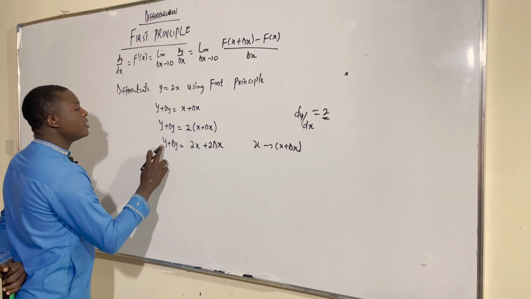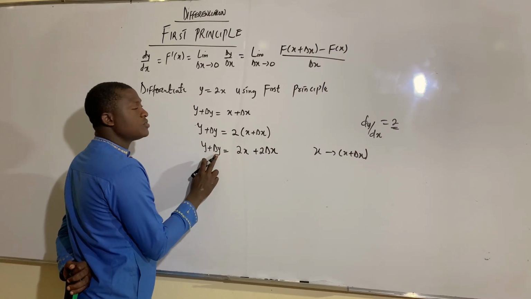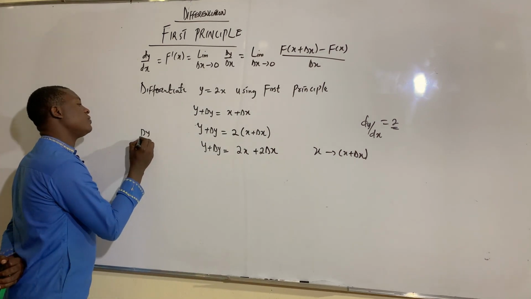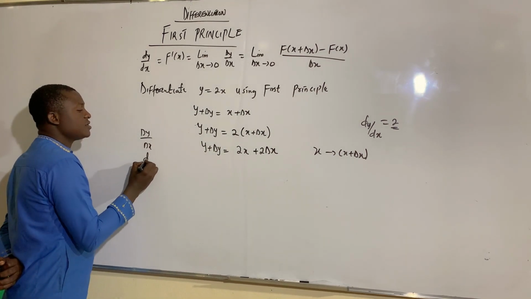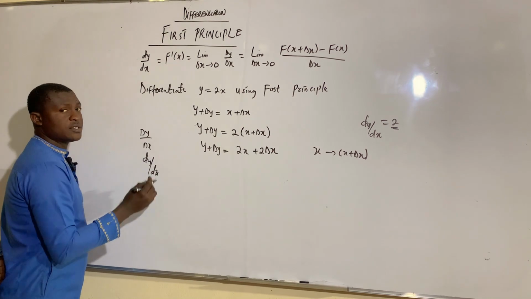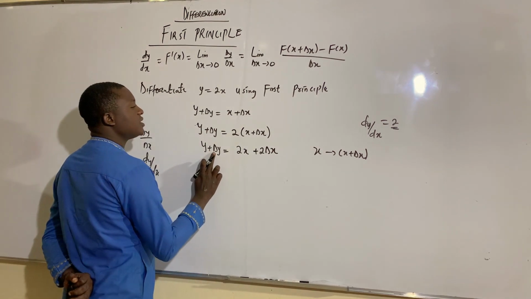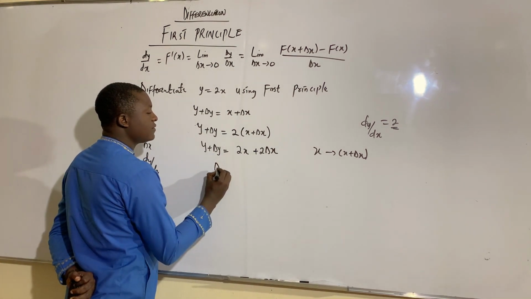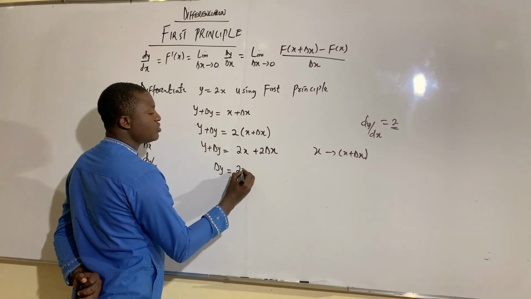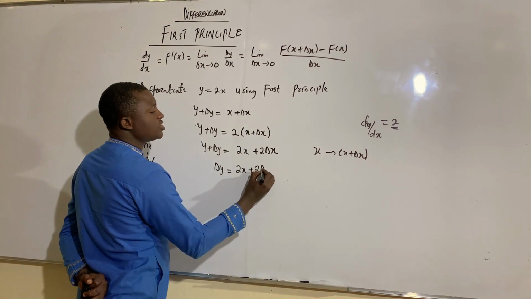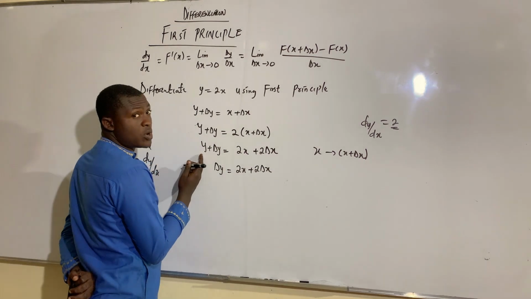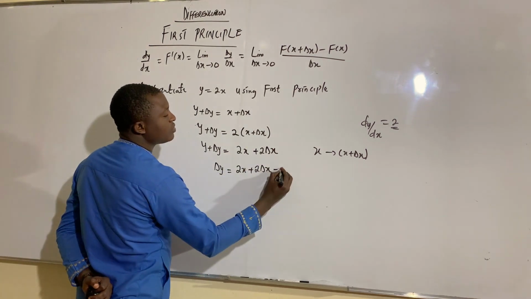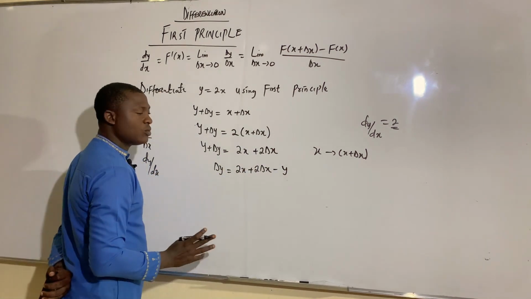The next step, I want to make changing y the subject, because changing y over changing x is still the same thing as dy/dx, right? Yeah, fine. So if I collect the like terms, we have changing y is equal to 2x plus 2 changing x. This is plus y, so when the plus y comes here, we are going to have minus y.